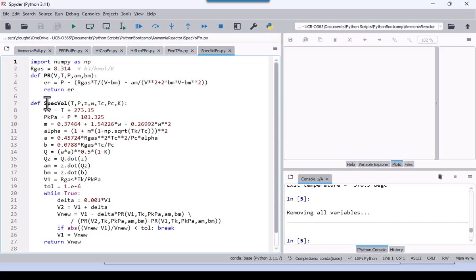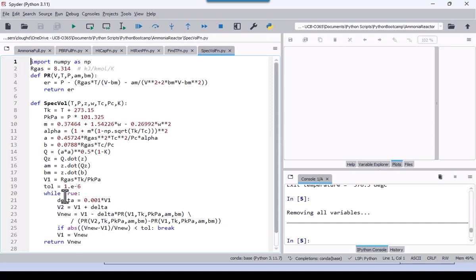And the spec volume implements what we saw on the slide for the mixture coefficients A and B, and then it goes through another modified secant method.